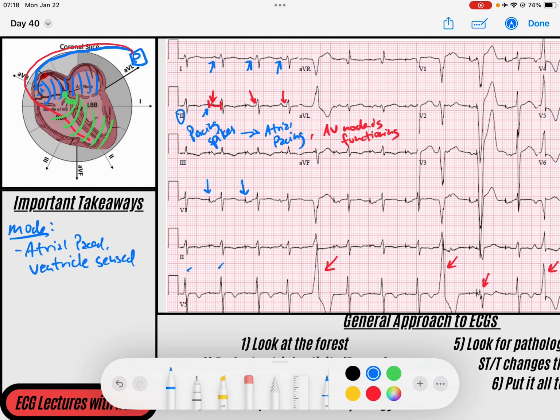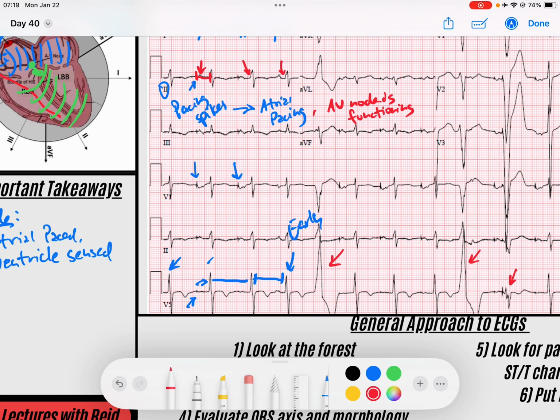Let's explain the rest of our EKG and what's going on. Notice here, I've got a narrow QRS, and then I've got my pacing spike, narrow QRS, that occurs again. And then I have what appears to be an early beat if I look at my R to R interval. So this one is early. Why is it early? If I look closely at the P wave, my P wave looks a little bit different. Look at the P wave here.